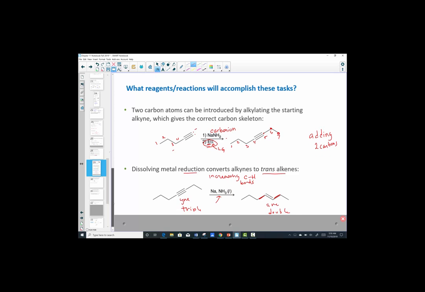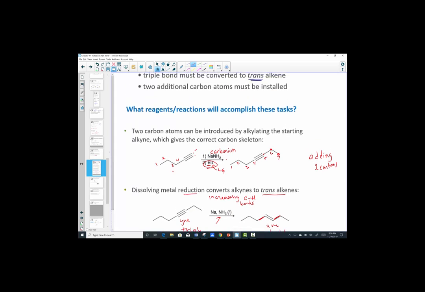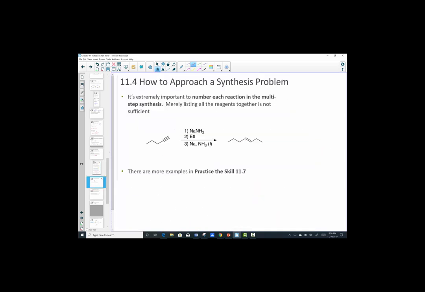And we've accomplished all 3 steps, making sure that we number them. That's something very critical, to make sure you number each reaction in a multiple step synthesis. Merely listing all the reagents together is not sufficient. Instead, we have to list step 1, step 2, step 3 to accomplish all of the transformations.